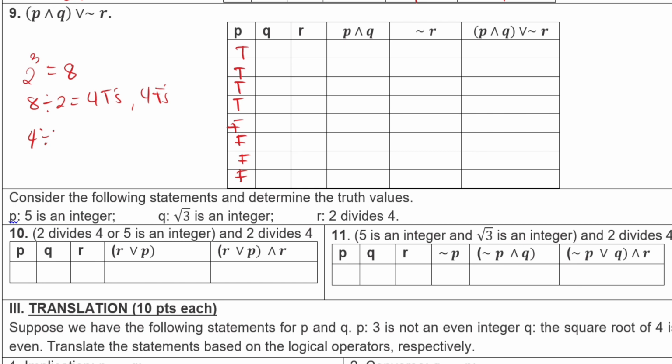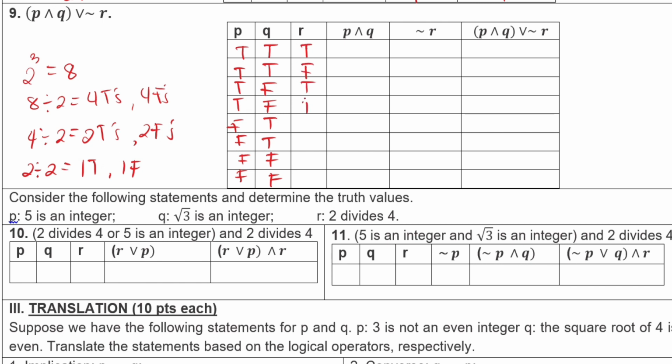Then 4 truths will be divided again by 2. We have now 2 truths and 2 false as our pattern. Then 2 divided by 2 is 1 true, then 1 false as our pattern. True, false, true, false, true.